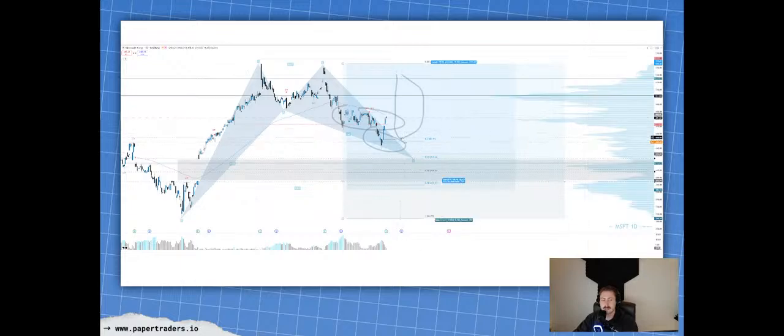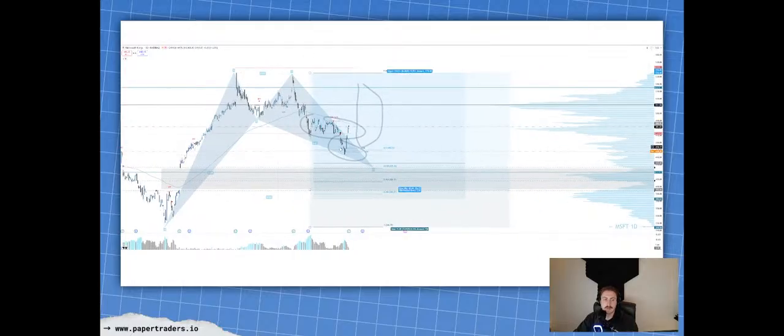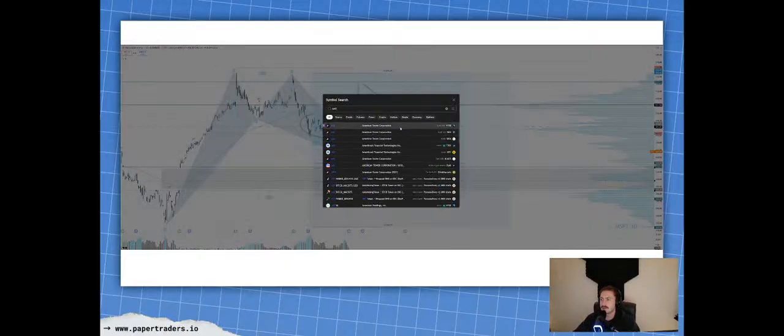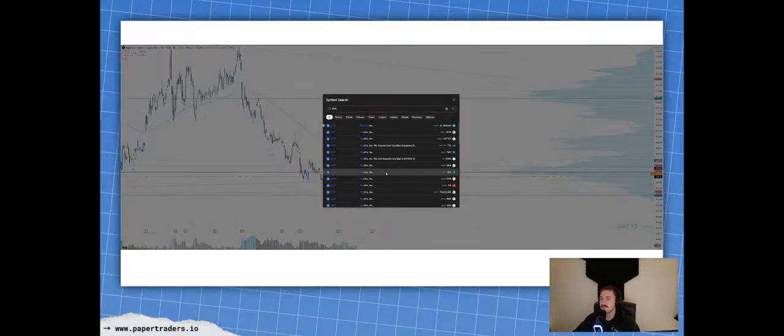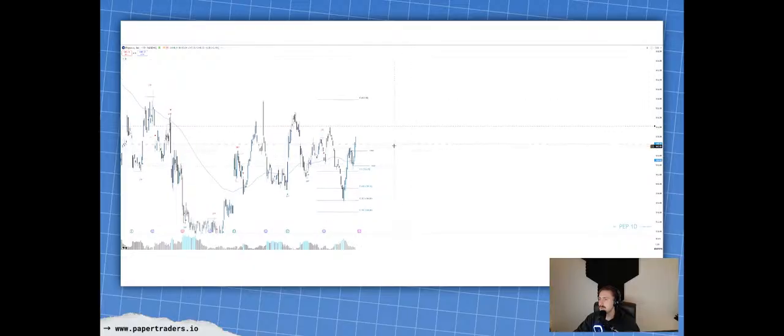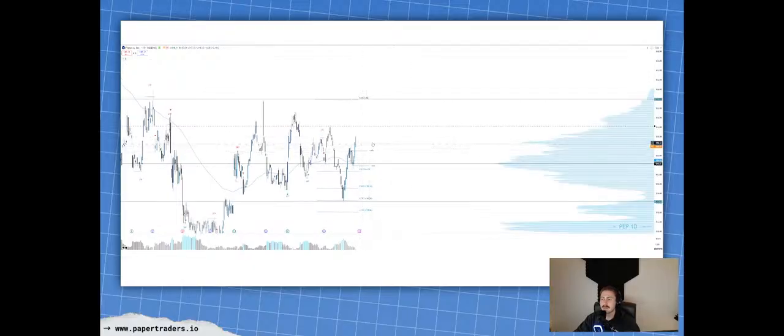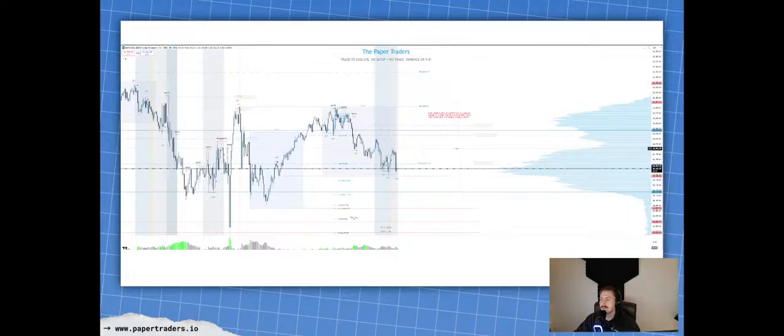So this power of 3 is potentially kind of out of the picture right now, so completion of the animal is likely here, and AMT is also on the watch. AMT, I want to see a continuation on this puppy, and Pepsi as well. But the way that this daily is, we're above the CISD, so I'll have to see maybe a continuation to the end of this month. And it is the end of the month, so just be careful.